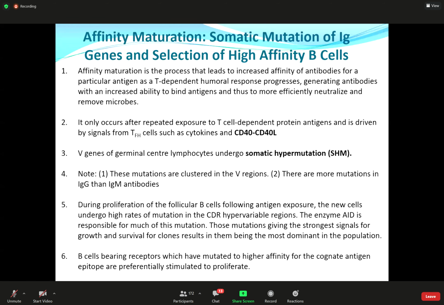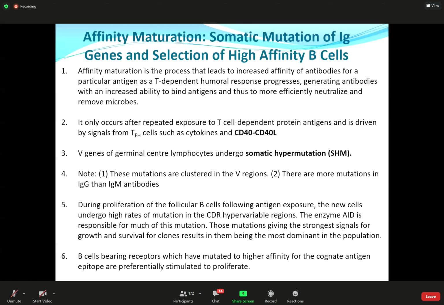Now, the same thing happens with affinity maturation, but here we have the opposite effect, in that only those B cells which bind to antigen, in this case the foreign antigen, with the strongest affinity will outgrow the ones with weaker affinity antibodies.